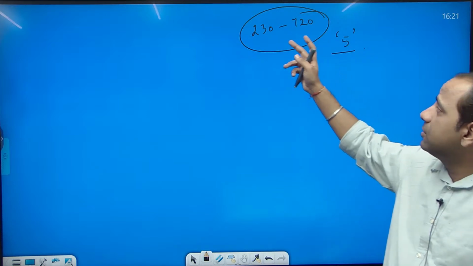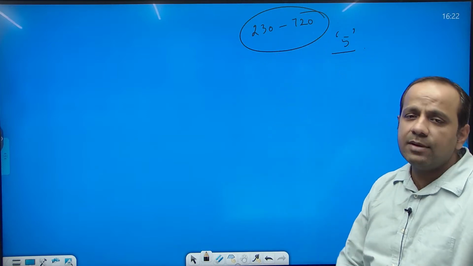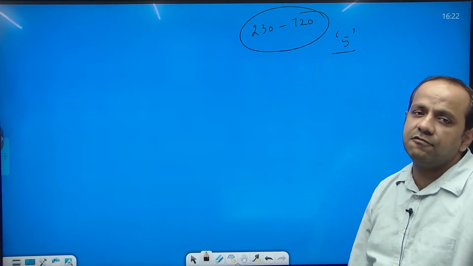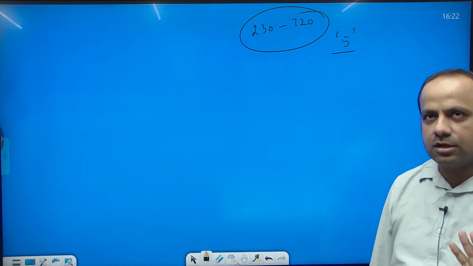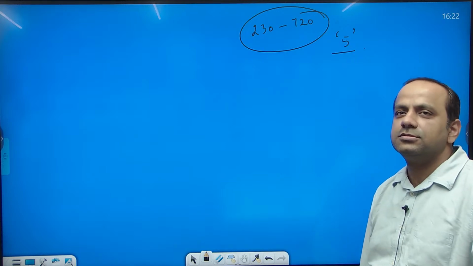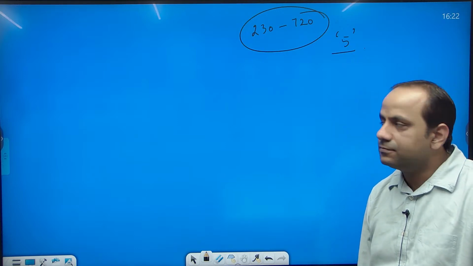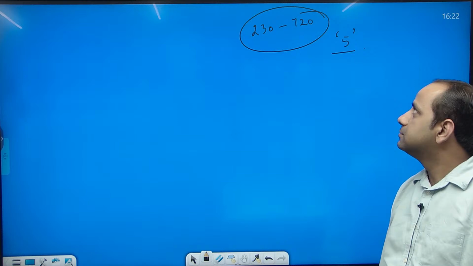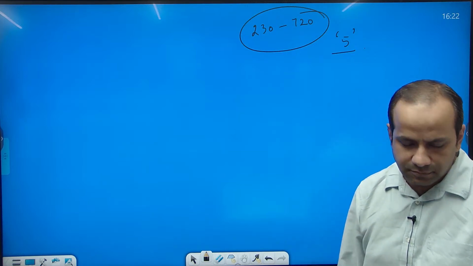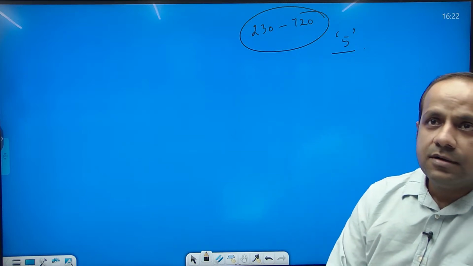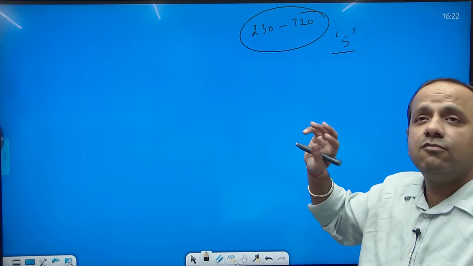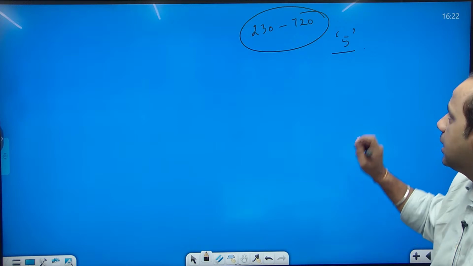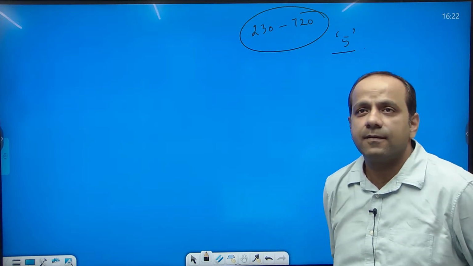If I type all numbers from 230 to 720, how many times do I have to type the digit 5? आंसर बोलना नहीं है, निकाल लोगे तो रखना है अपने पास.